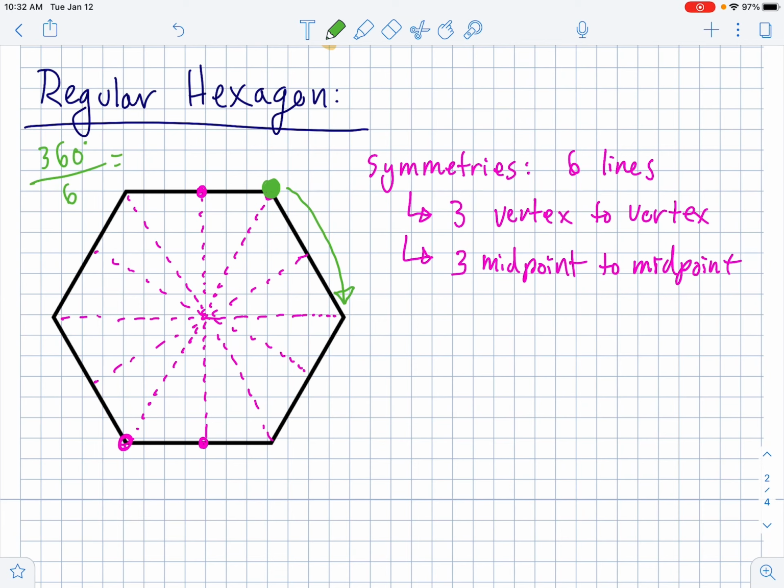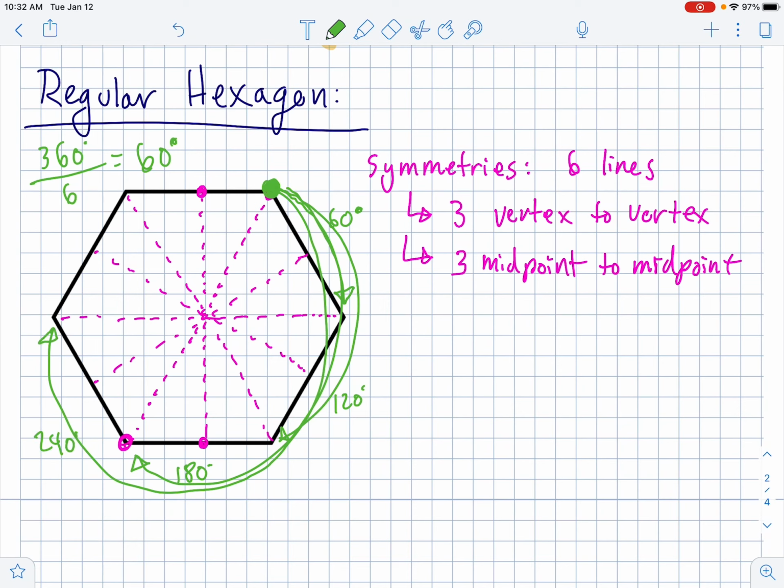To figure out how far that is, take a full 360 and divide it by how many sides there are, which means each of these is 60 degrees. So this would be 60 degrees, and then this here would be 120 degrees, then another 60, which is 180 degrees. That makes sense because it's a half circle.